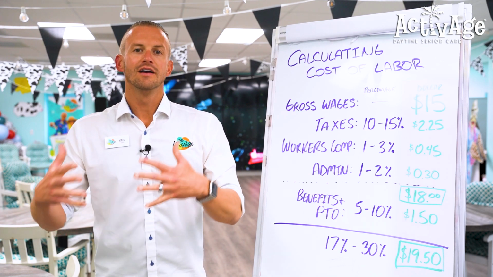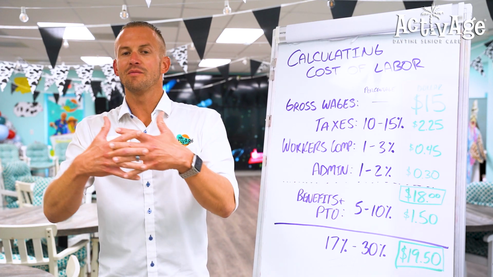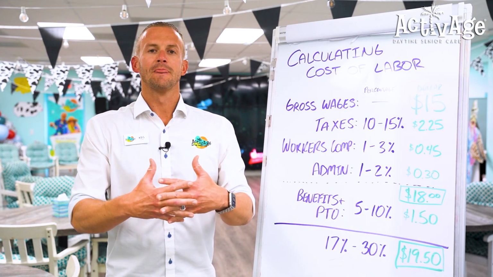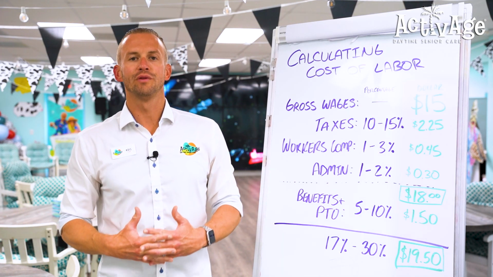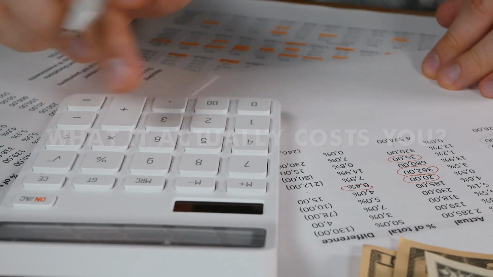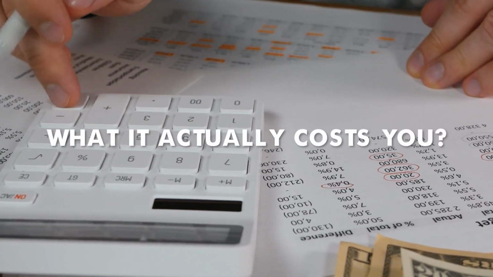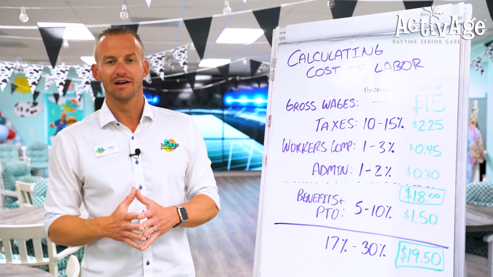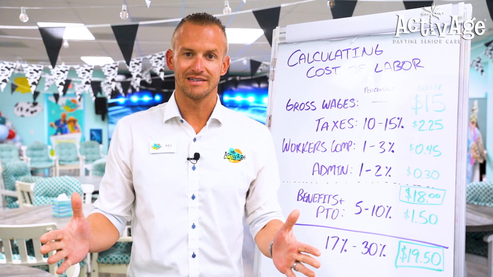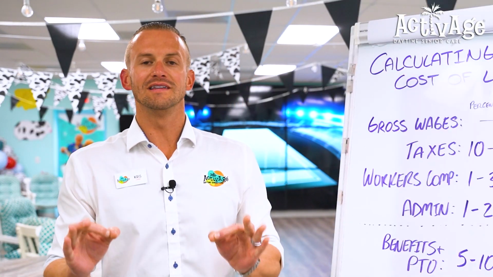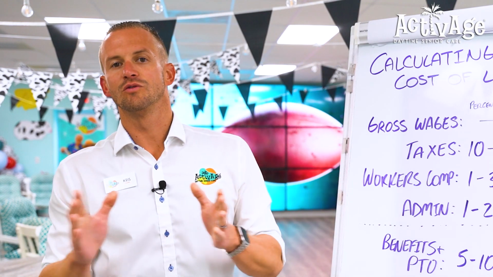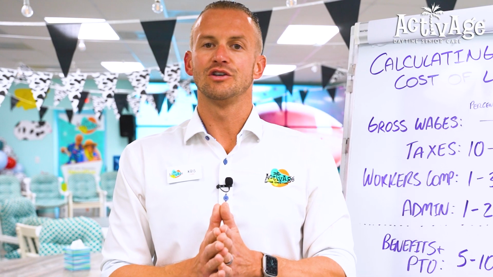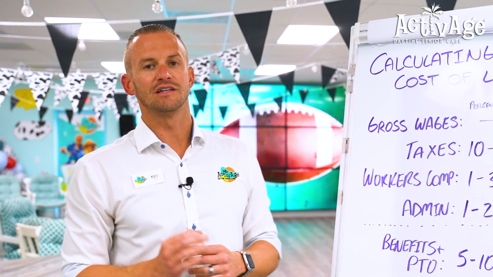Wherever you are and whatever makes sense for your area, it's important to understand not only how much you plan to pay your team, but what that is actually going to cost you. Because if you pay someone 15 bucks an hour, it's not gonna cost you 15 bucks an hour. That might be what you've agreed to pay them, but there are other fees associated with that expense that you maybe hadn't taken into consideration, and it's important to build these into your pro forma.